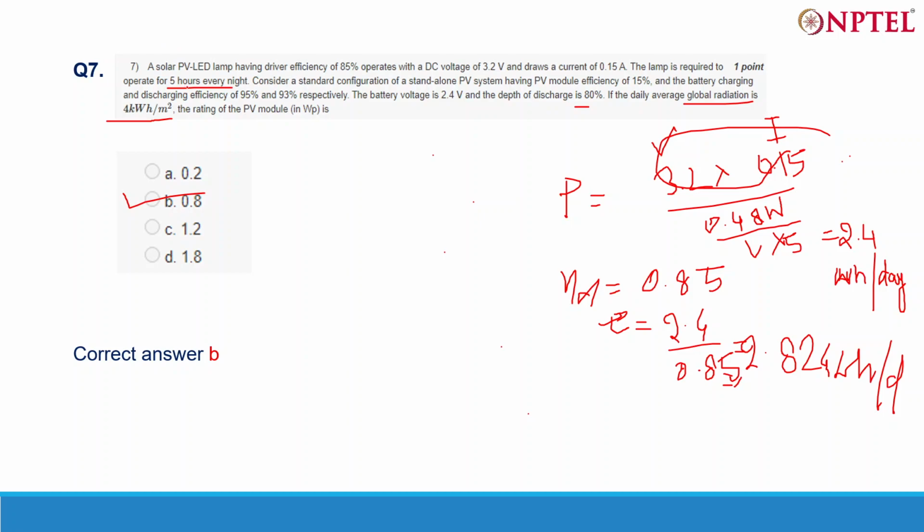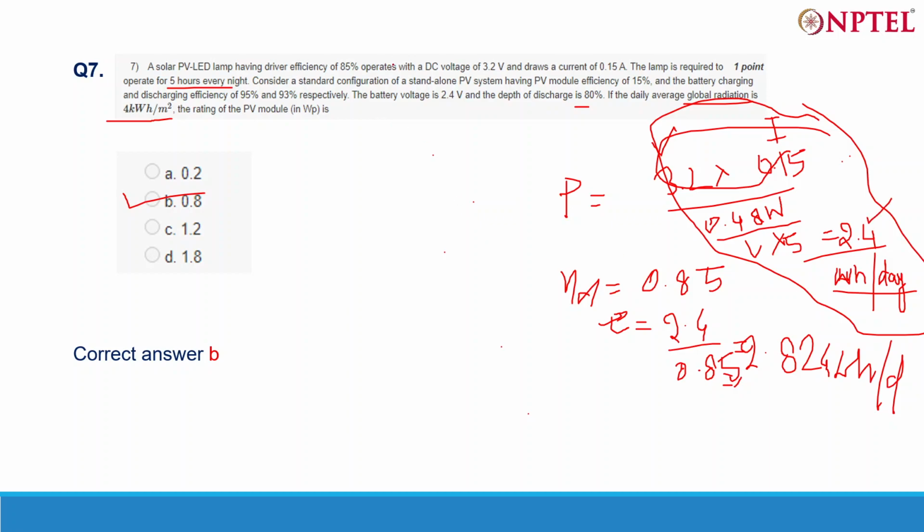The lamp is operating for 5 hours, so 0.48 watt into 5 is 2.4 watt hours per day. So this is clear. Up to this it is clear, then I will tell about the next step. 2.4 watt hours per day. How does this value come?